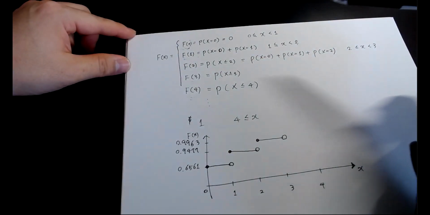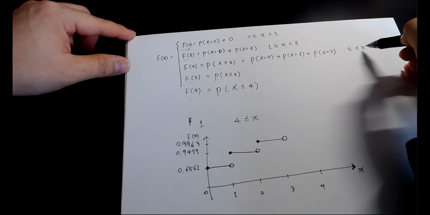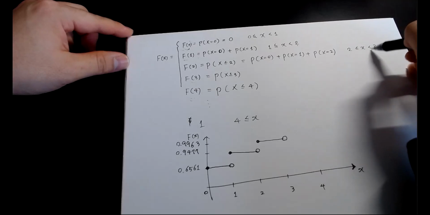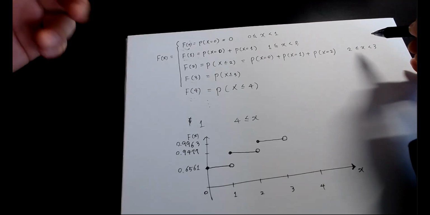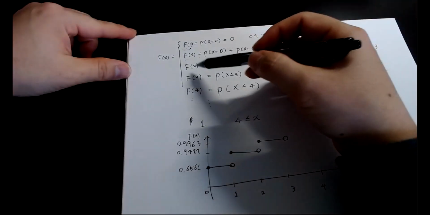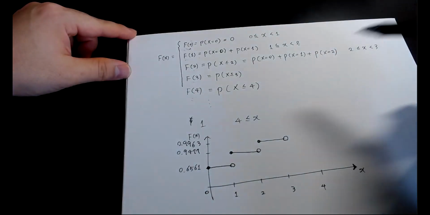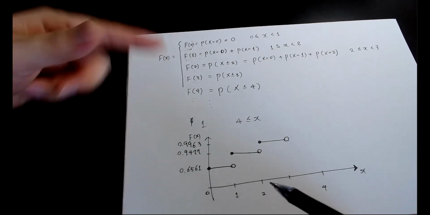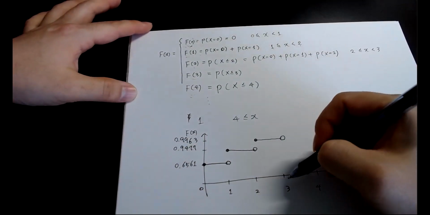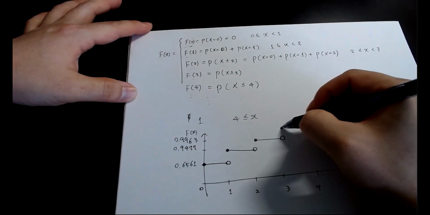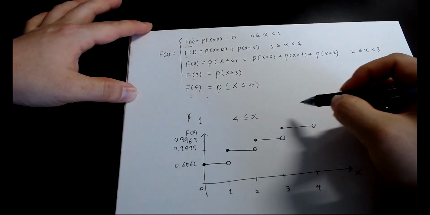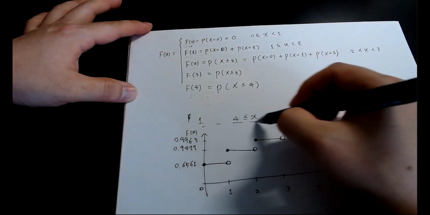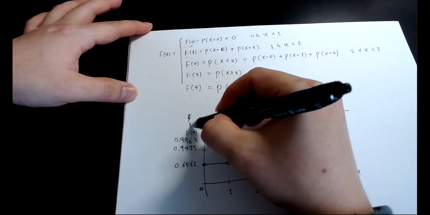And for any x greater than or equal to 2 and less than 3, the CDF is going to be equal to F of 2. That's what we're going to get. This kind of step function. This is called a step function, right? You haven't seen this one in Calculus 1. So then F of 3 is going to be maybe like this, right here. And finally it reaches 1. Here's a 1.